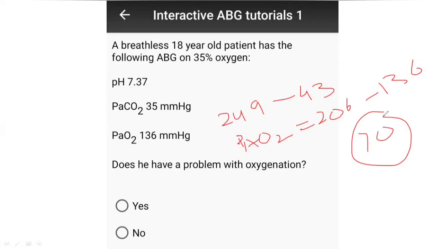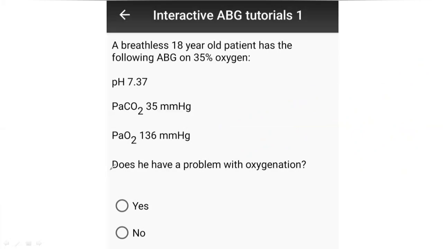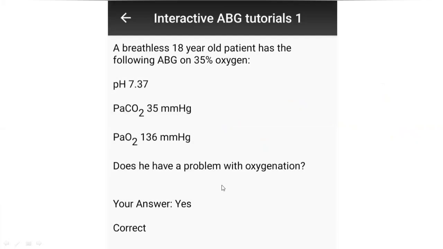Okay, 69. Mine is 70. But all right, it's 70. So, does he have a problem with oxygenation? Yes or no? Now you have to answer this. Okay, Aruj is saying yes. So let's see the answer. Yes, your answer is right.